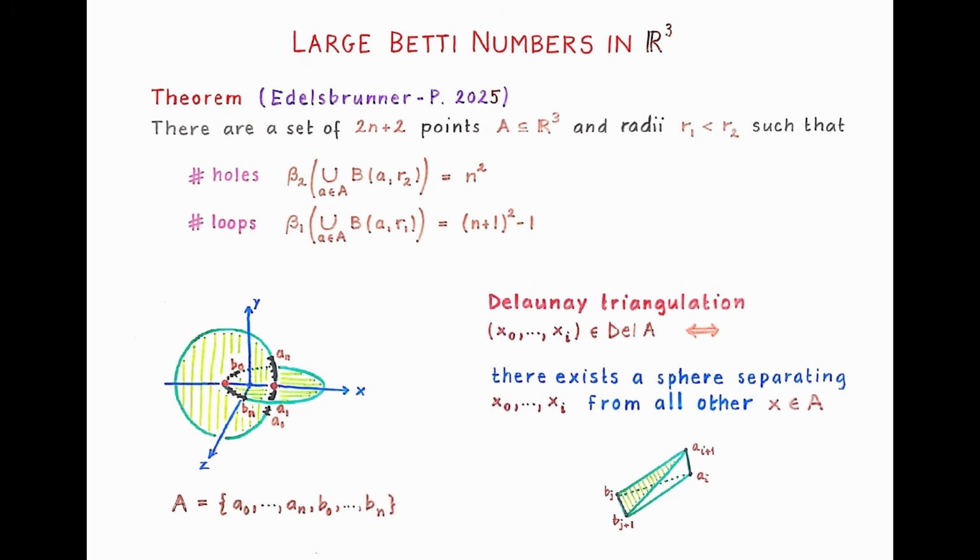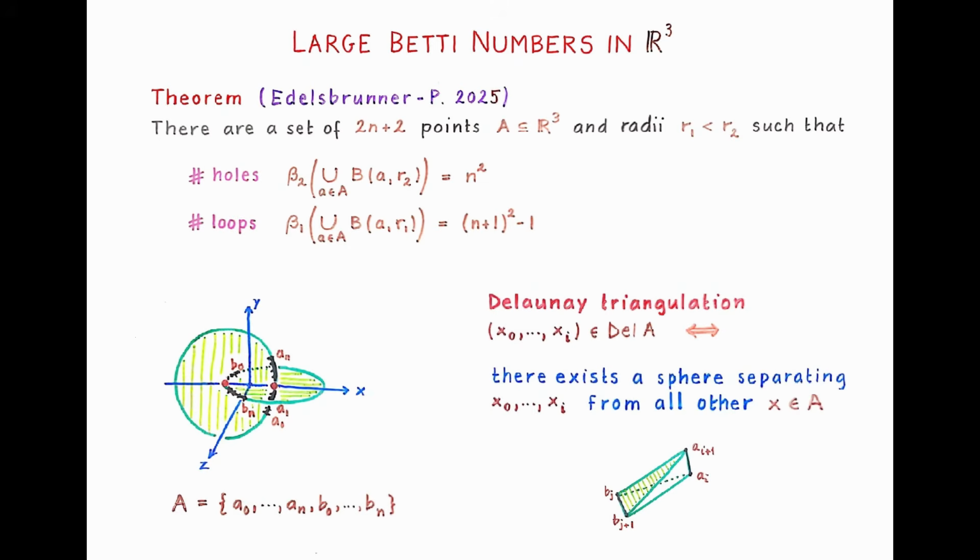So what are the Betti numbers? Roughly speaking, it doesn't matter. In 3-space, the second Betti number is just the number of holes. That's exactly what we are interested in. And the first Betti number in 3-space is the number of independent loops that you have around the union of these balls.